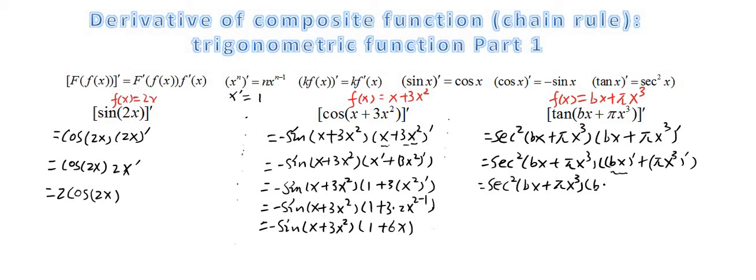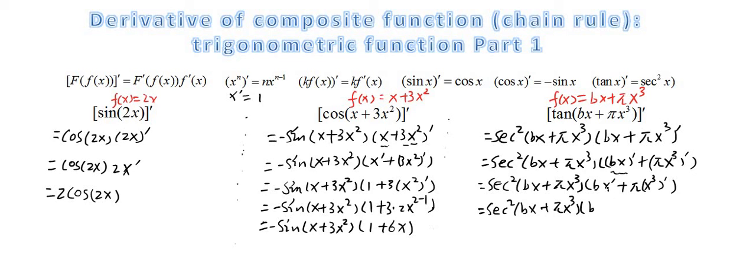We keep the constant the same and take the derivative only for the x. Similarly, we keep the pi the same, and we only take the derivative of the x cubed. We copy that again and simplify it.